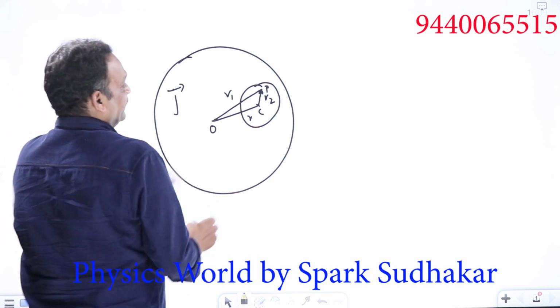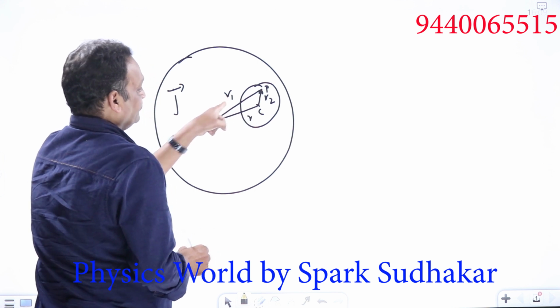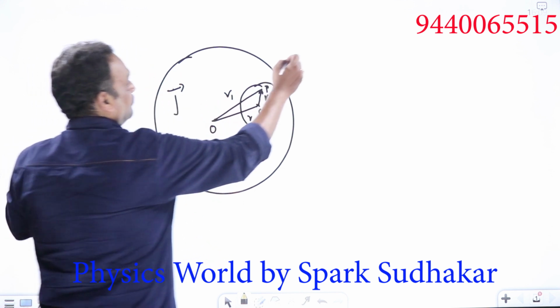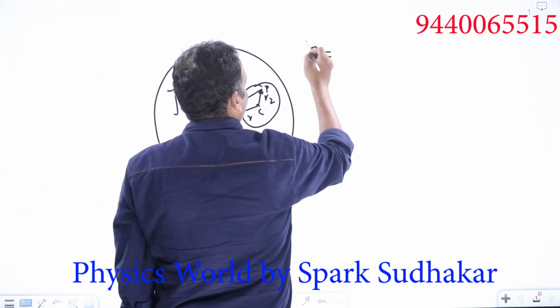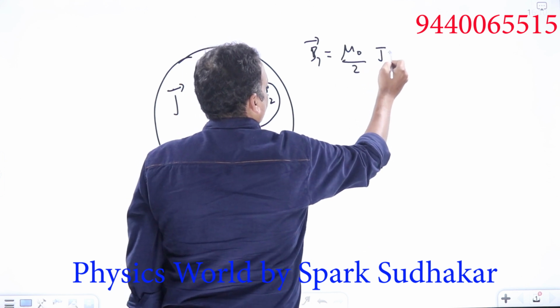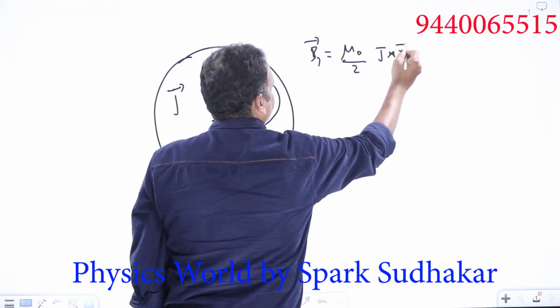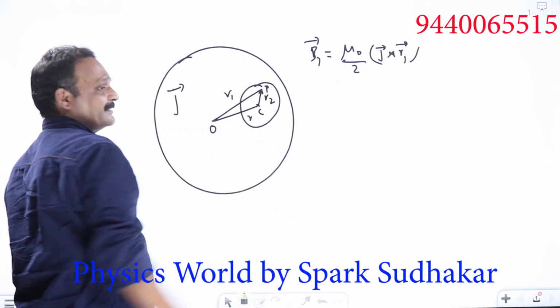If this hole is not present, this point P is at a distance R1. So what is the magnetic field B1 due to the entire wire without any hole? B1 bar equals mu naught by 2 into J bar cross R1 bar, because that point is at a distance R1.